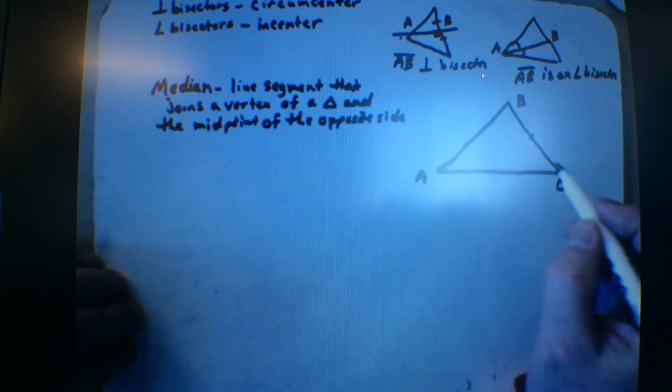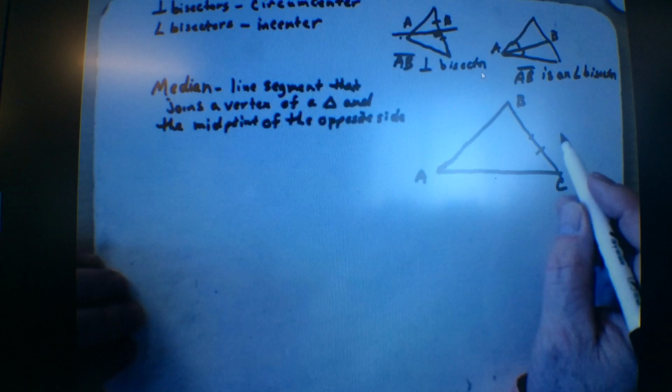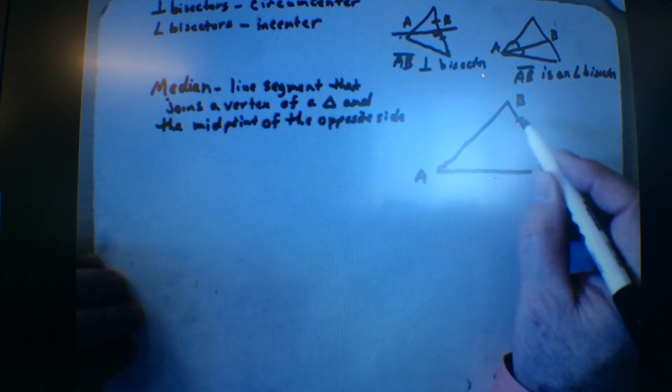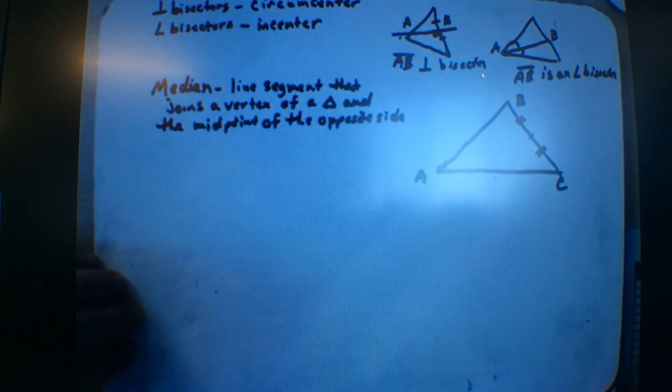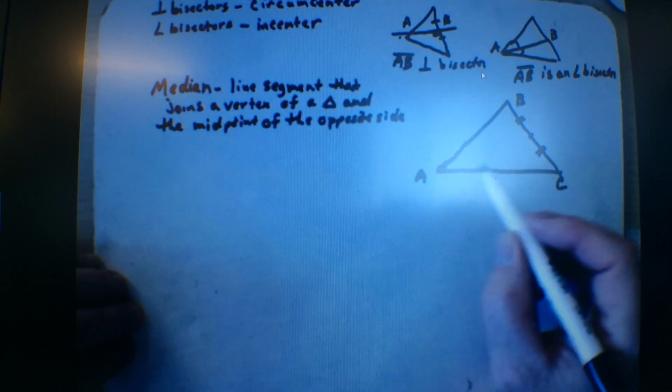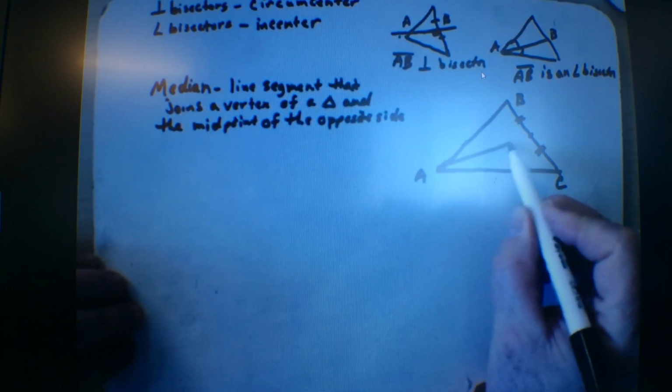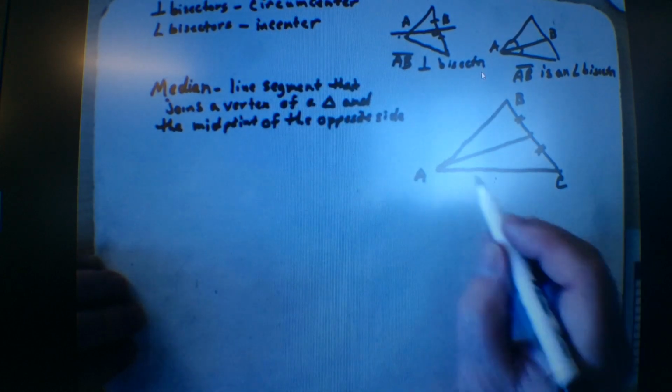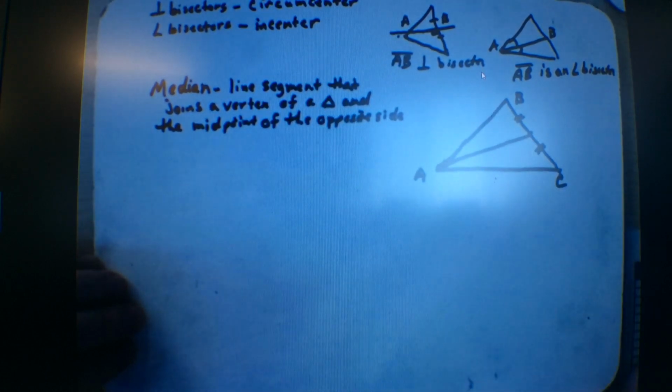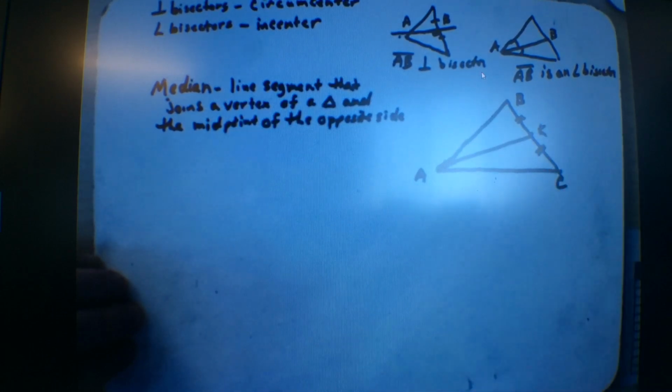I just said that's a midpoint. That means that this side is congruent to this side. Do we all understand that? A median joins the vertex from the opposite of that side to that. Oops, that goes through there. All right? And we'll call this point K.